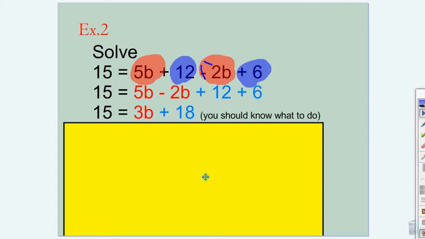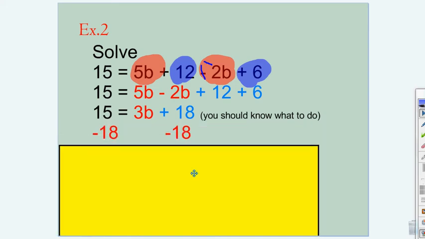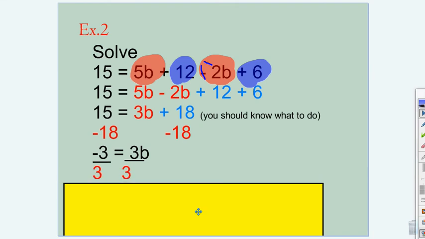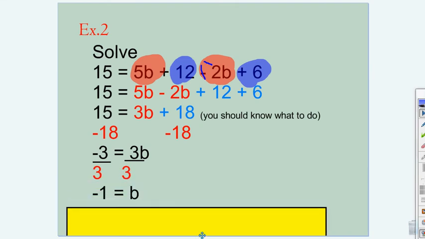At this point, you should know what to do. Tell me what I should do. Alex? Jasmine: subtract 18 on both sides, and then divide by 3. Anyone get it yet? B equals negative 1.